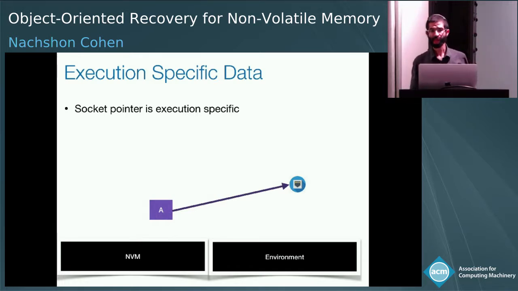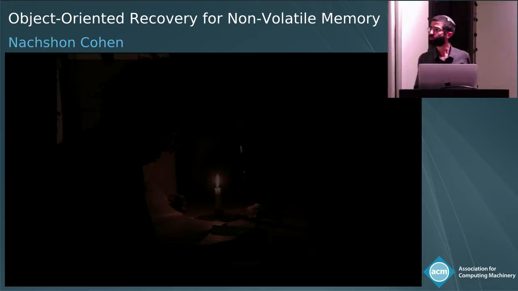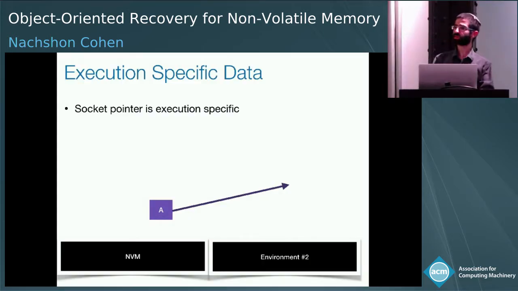Let's say I have an object A that resides on the non-volatile memory, and this object A has a pointer to an internet socket. Now, if we have a power failure, then after we execute the application again, this socket pointer no longer exists. The socket itself no longer exists.